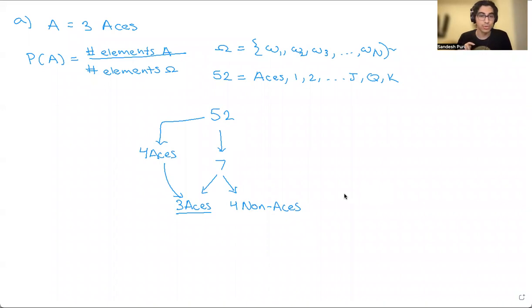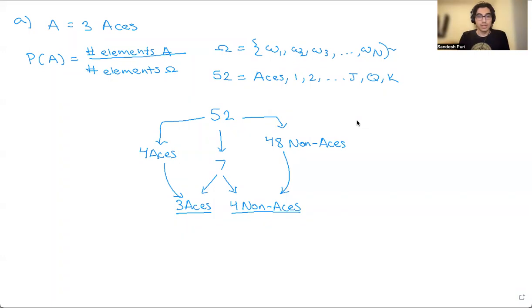And this is equally as important because knowing that you have one thing necessarily means that you have to have everything else in the sample. So out of our 52 card deck, if 4 of them are aces, the other 48 must be non-aces. So our 4 non-aces are coming from this subset of non-aces from the total deck.